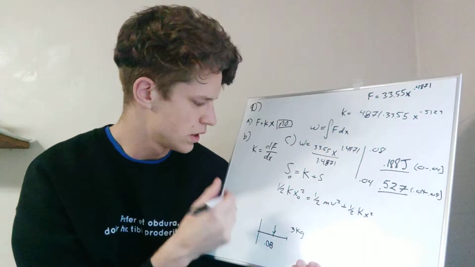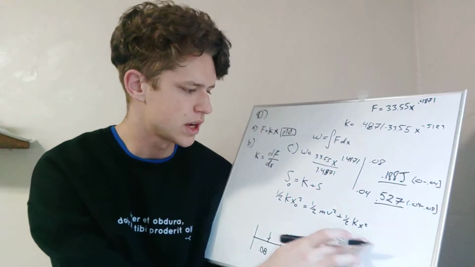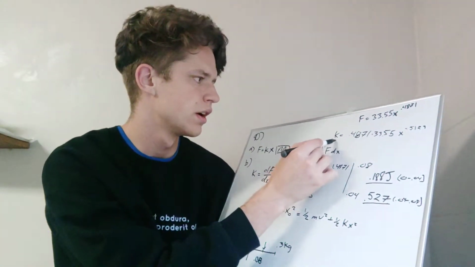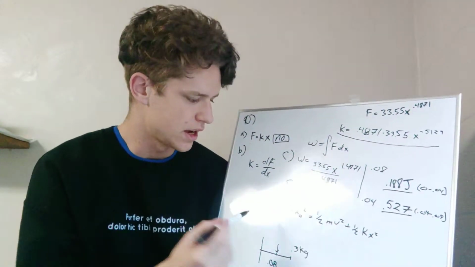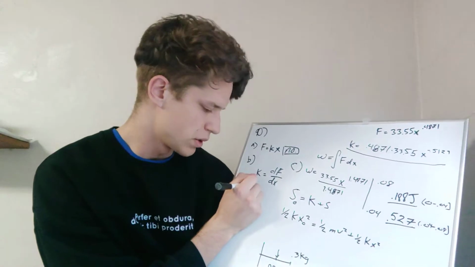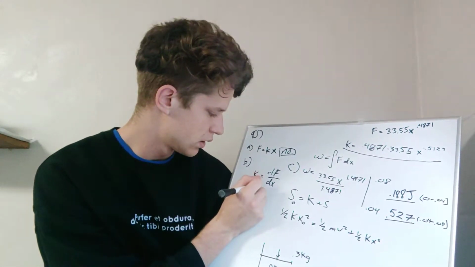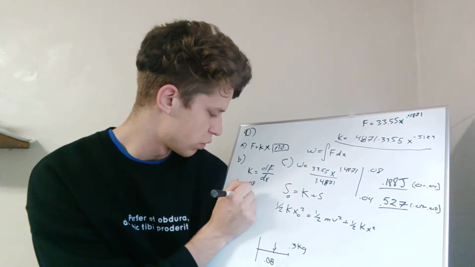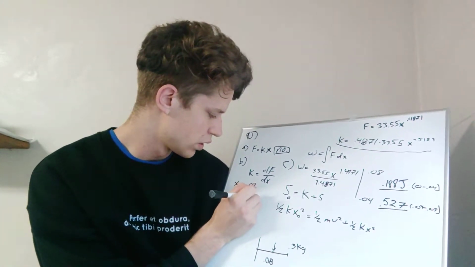Then we can plug in what we know. We already have k up here. x naught is going to be equal to 0.08, and x is going to equal 0.04.